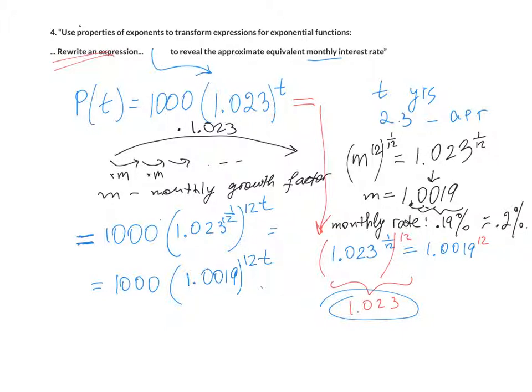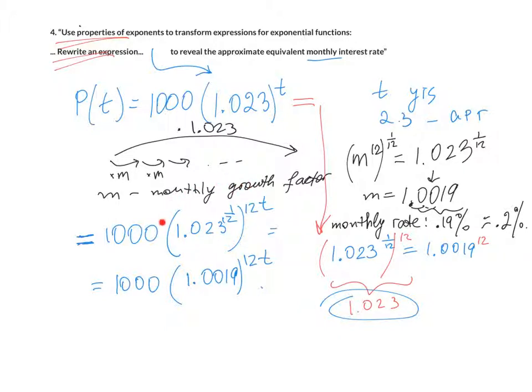Now, let's digest this. First of all, we used properties of exponents as this task required, to transform the expression in the following way, rewrite the expression. Yes, we did not change the value of it. We just manipulated the exponents and we replaced this original expression with its equivalent.